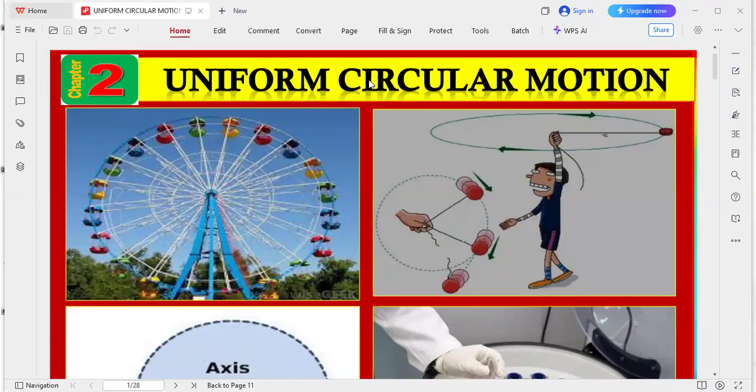It's the same thing, which is the rate of change of angular velocity.